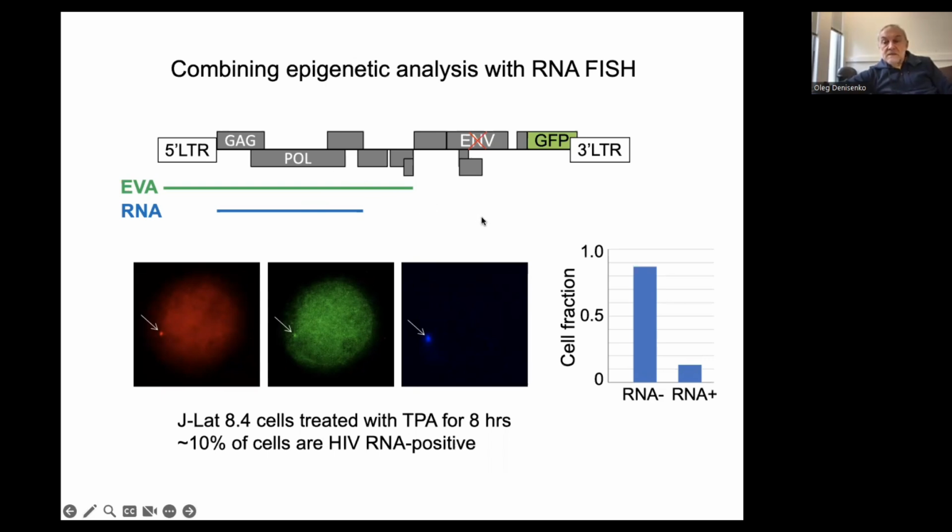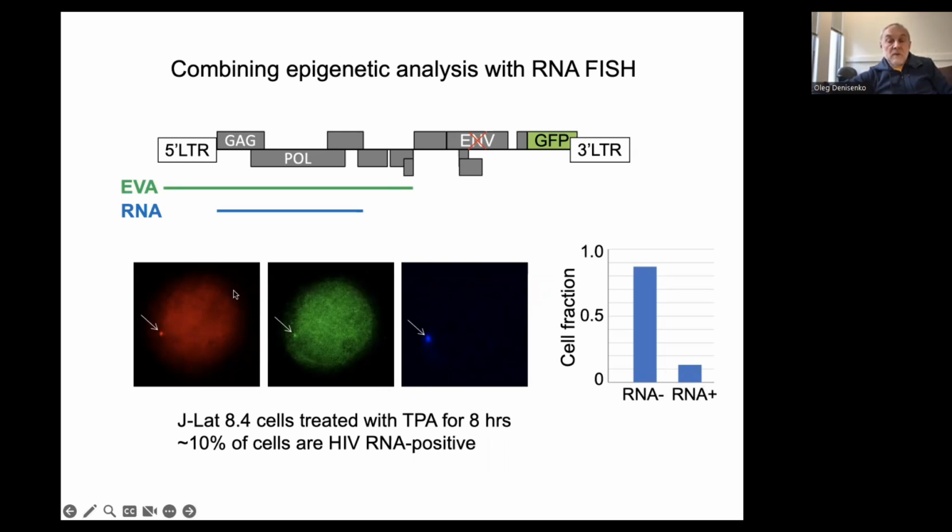The cells that we use contain this HIV virus silenced. In order to induce transcription, cells need to be treated with a mitogen, and we use TPA in this case. After 8 hours of treatment, 10% of cells show RNA signal of the HIV virus.